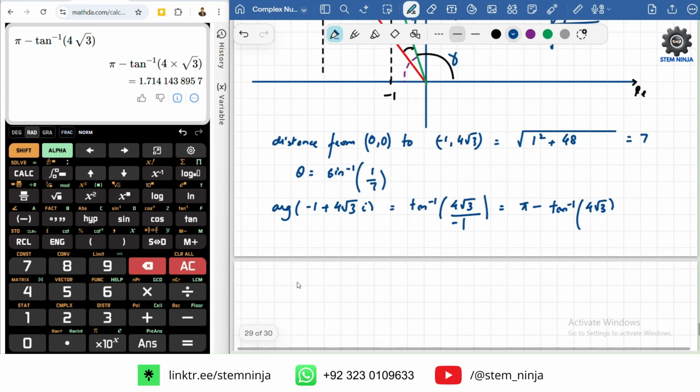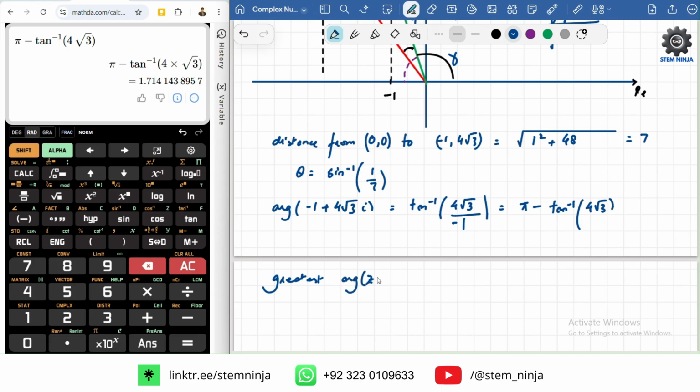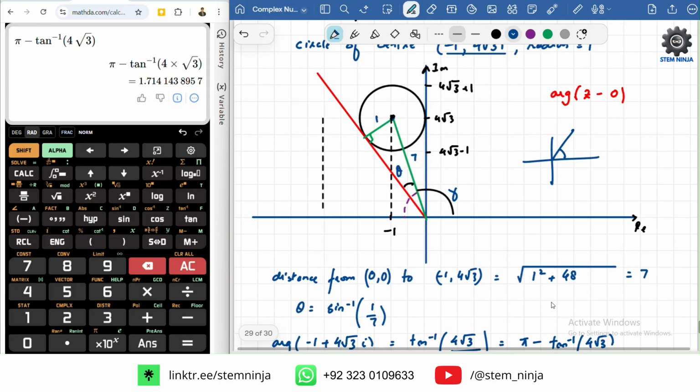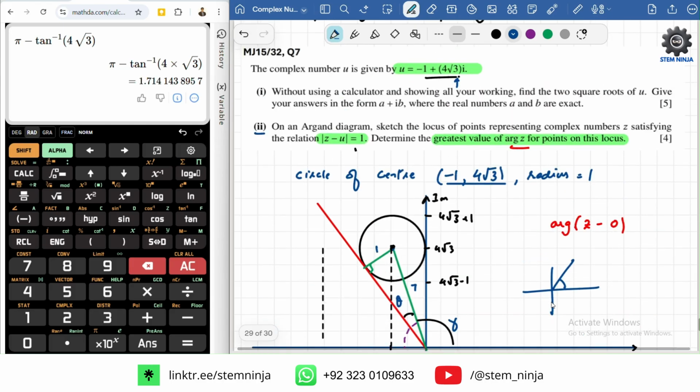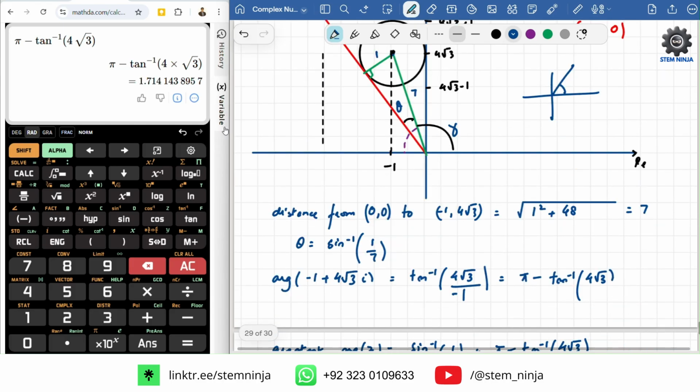Okay, so the greatest value of argument z would just be the sum of these two. So sine inverse of 1 over 7 plus pi minus tan inverse of 4 root 3. And how did we actually need to give it? Right, so greatest value is given like this.